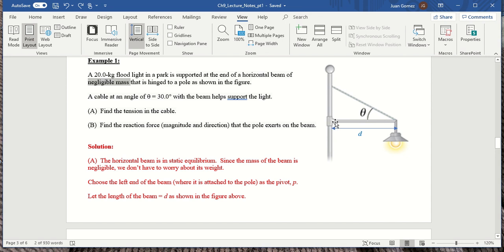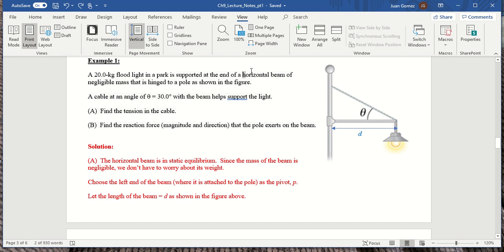It's got a width of d. The lamp is hung from the other end, and then there's also a cable that attaches the support beam to the light pole, and the cable makes an angle of theta with the support beam, and that angle is 30 degrees. The floodlight itself has a mass of 20 kilograms.